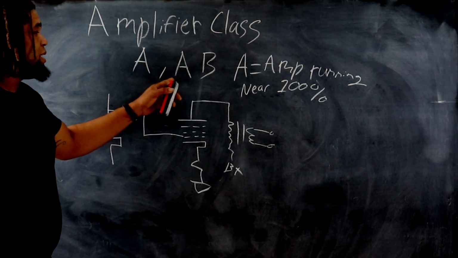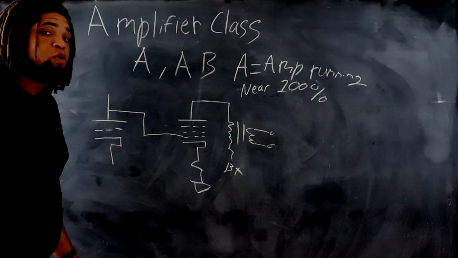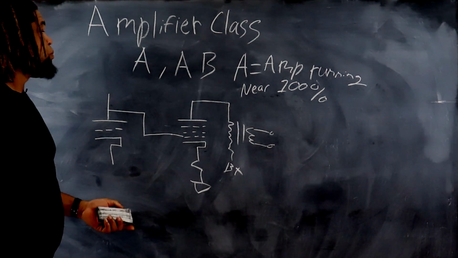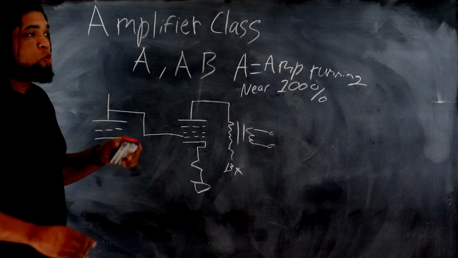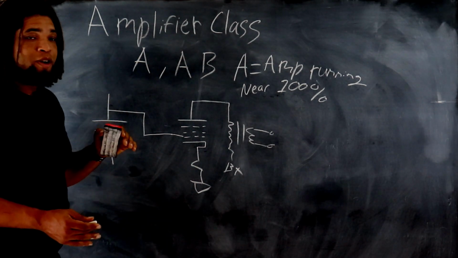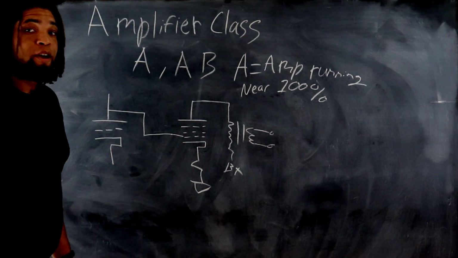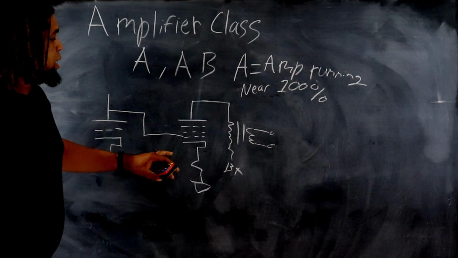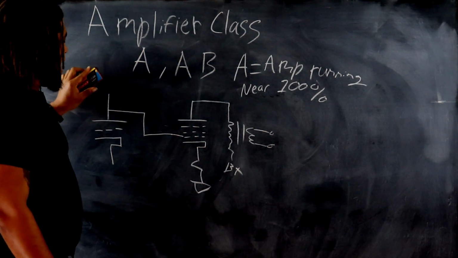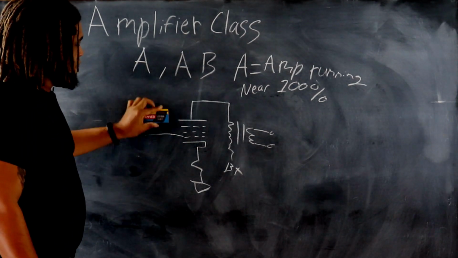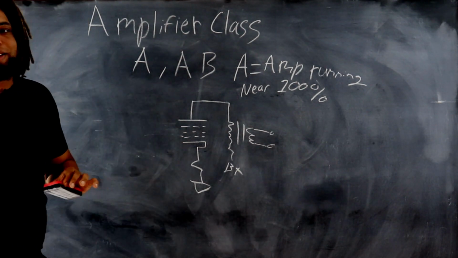So if you do something like Class AB, which is oftentimes called push-pull, which we'll look at later, that gives you the ability to split the workload between two tubes rather than it being centered around this one tube. Therein, your tube life is preserved. But Class A, again, doesn't have as many limitations in the vacuum tube world as it does in the solid state world.